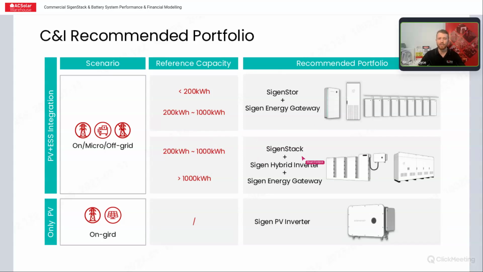But when SigenStack comes on the scene, it does reach a crossover point financially around that medium commercial space, sort of 100 kilowatts or 200 kilowatt hours and beyond, where the SigenStack becomes far more financially viable. If you want a gateway, you're still going to have to look at the custom gateway option, but I'd say that's a rough rule of thumb to work off if you're looking at quoting projects.